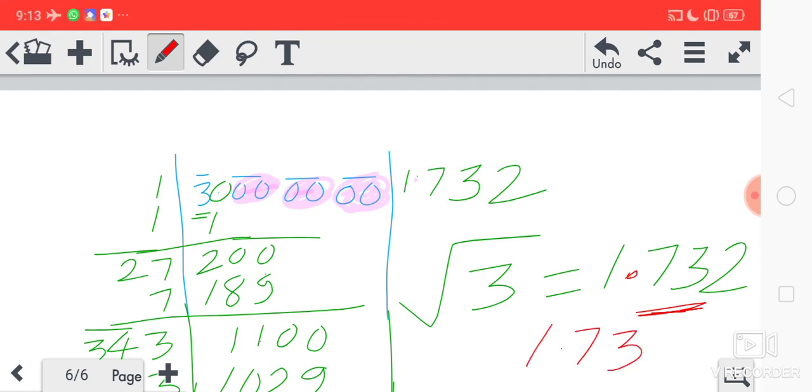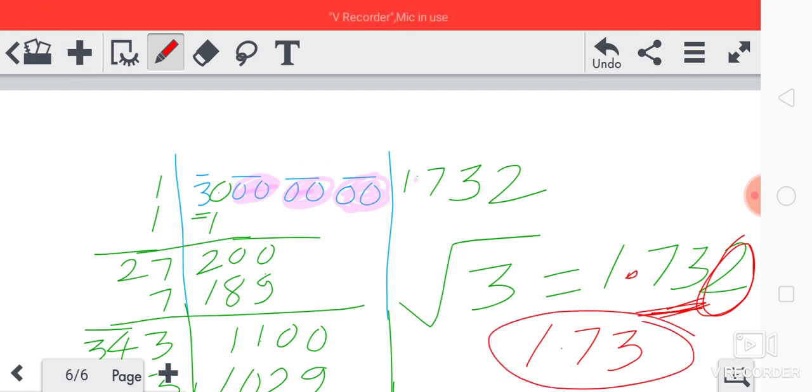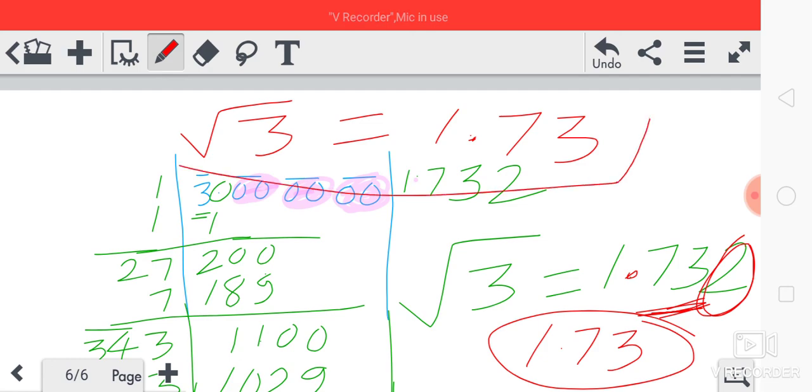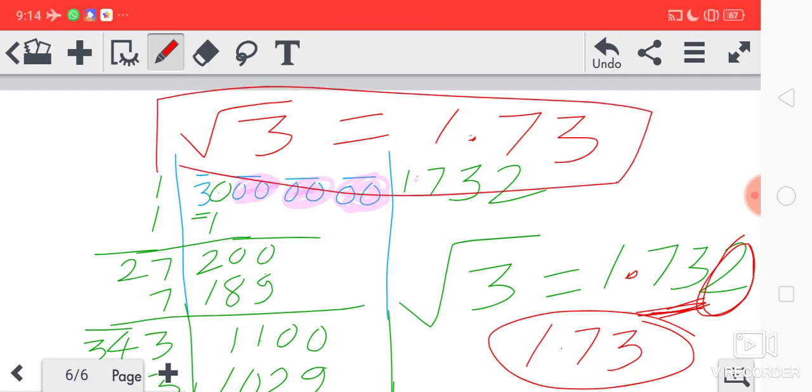Will it become 4? No, because the digit after 3 is 2, less than 5. So it will remain 3 only. So 1.73. Okay, so what is the value of root 3? It is equal to 1.73. Got it? So this is your answer.